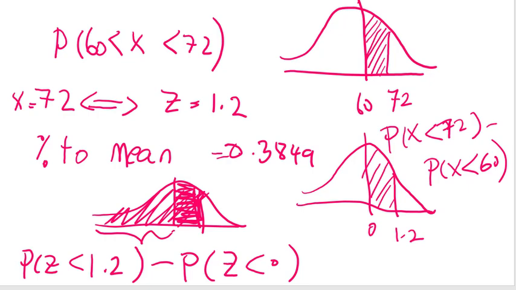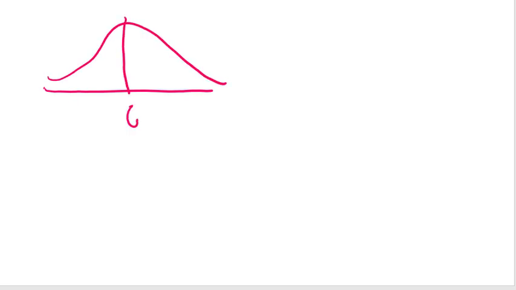For example, I just show you, if I want to do what's the probability of X between 50 and 70, another part of the question. So the mean is equal to 60, and I want the probability of X greater than 50 but less than 70.